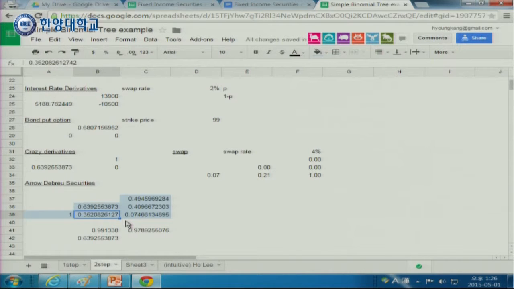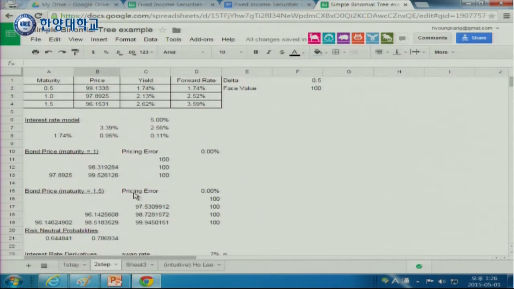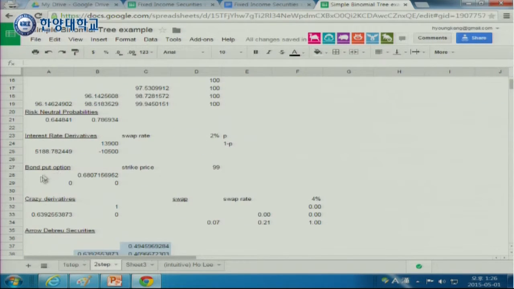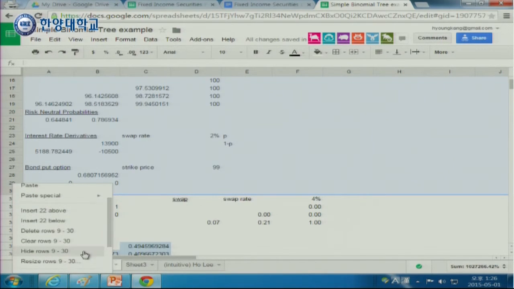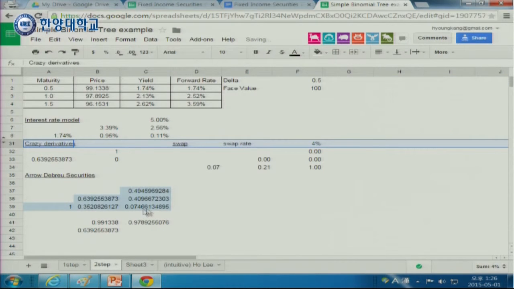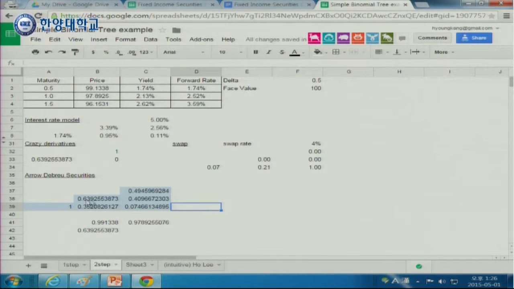And in this case, likewise, we can calculate this one similarly. Is there any way? Let me hide this one for the time being. Not delete it. Hide. Okay. Now it is much better. So okay.